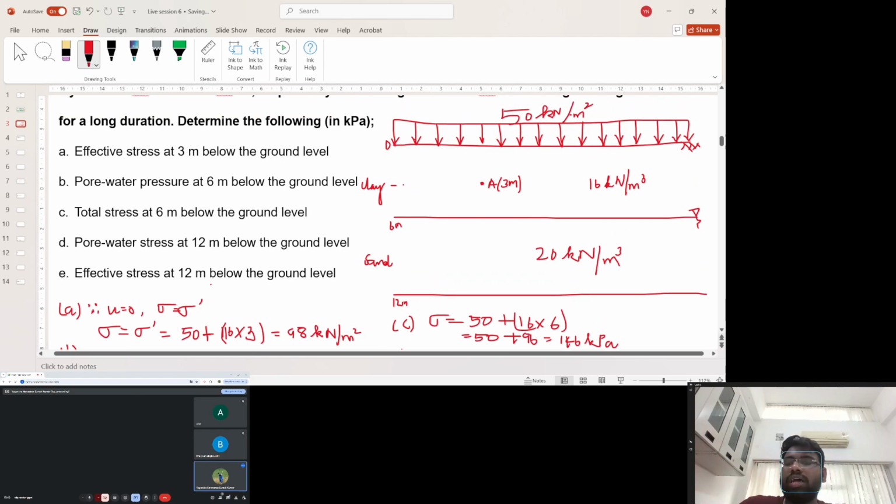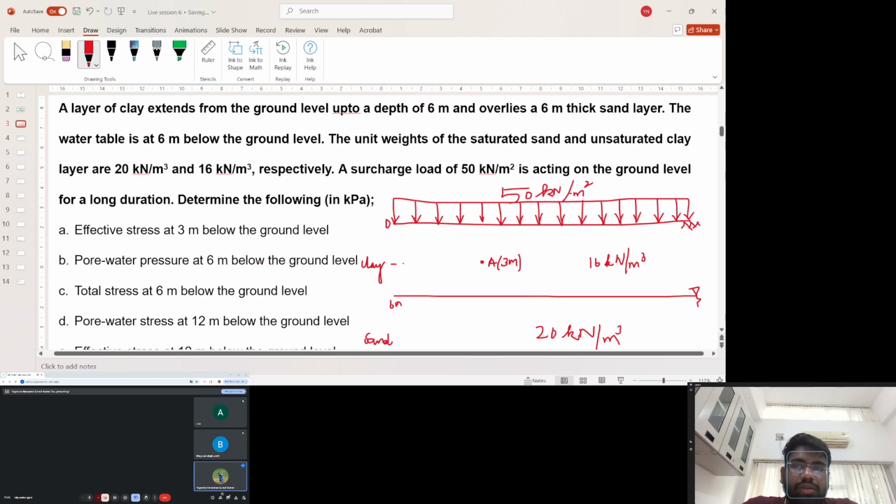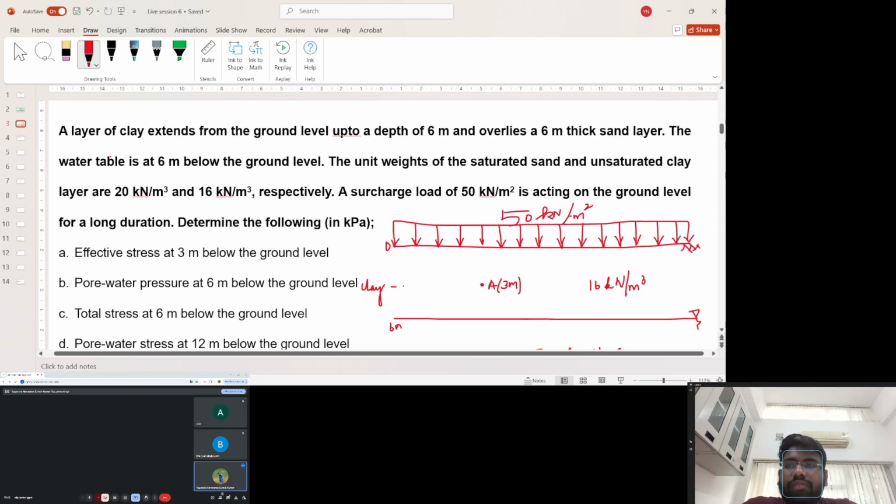Now coming to the last question, effective stress at 12 meter below the ground level. So sigma dash at 12 meters. Please bear with me, there is a shortage of space, so I am writing above. If you are unable to follow, let me know.